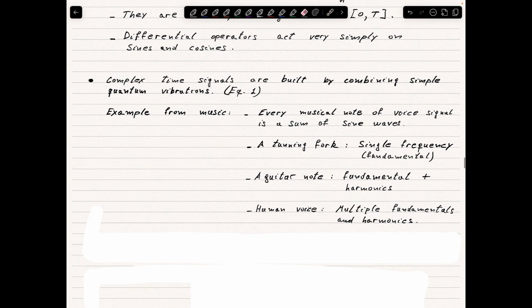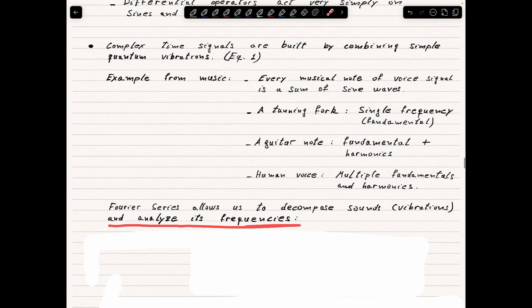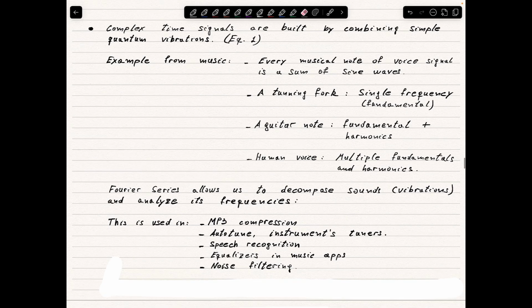The Fourier analysis, or the Fourier series, allows us to decompose sounds, which are nothing more than a particular type of vibrations in the air, and analyze these frequencies. This type of analysis is used all the time.